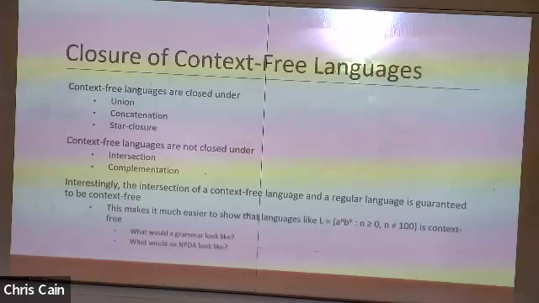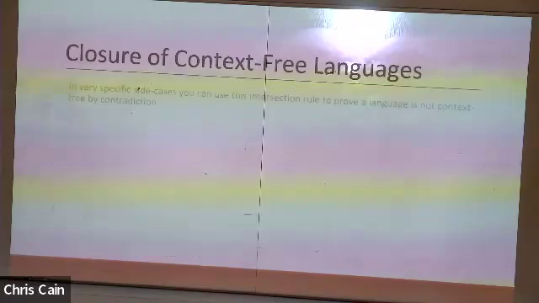But if we know that the intersection of a context free language and a regular language is guaranteed to be context free, and if you're interested in the proof for this, it's in the book, you can use this concept. If you can identify the context free portion, you can identify the regular portion, and you can identify the entire language as an intersection of those two languages, then you're just done.